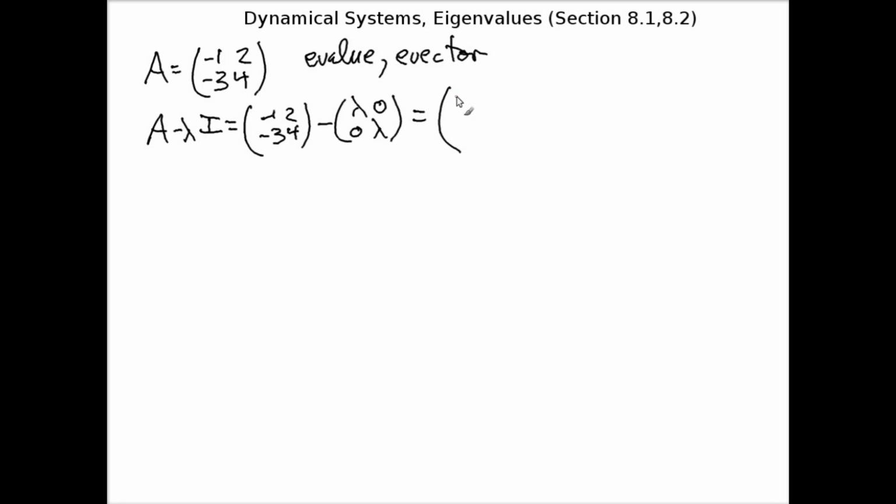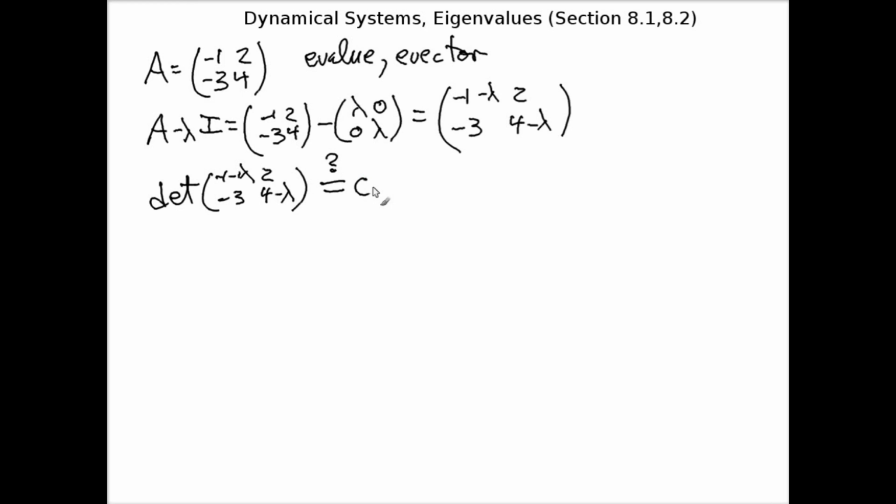And so you just take the matrix that you started with and you subtract lambda from the diagonal entries. And you take its determinant, 2, minus 3, 4 minus lambda, and you ask whether that's 0.